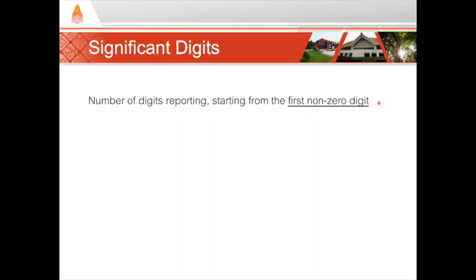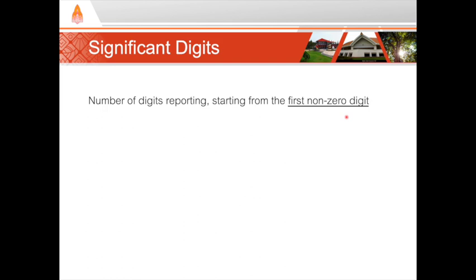The last thing we will talk about today is significant digits. Significant digits are the non-zero numbers in a value starting from the first non-zero digit. Significant digits are important for your answer. You don't want to include too few. If you use a lot of rounding, the answer will not be accurate.